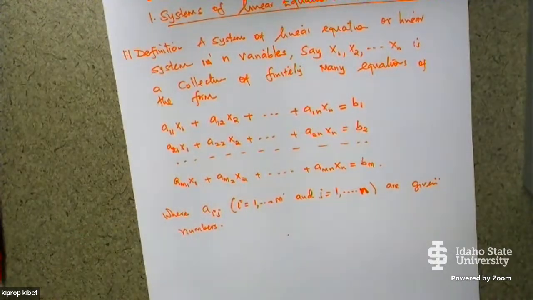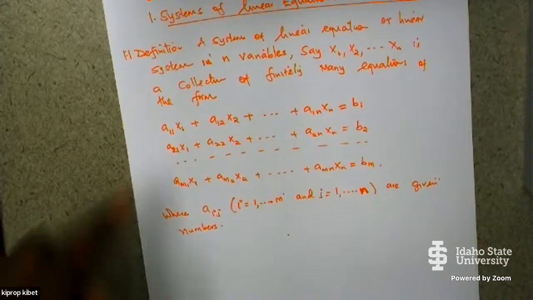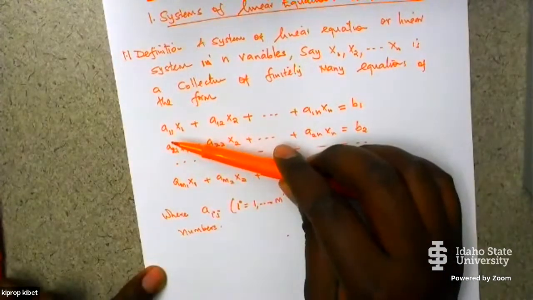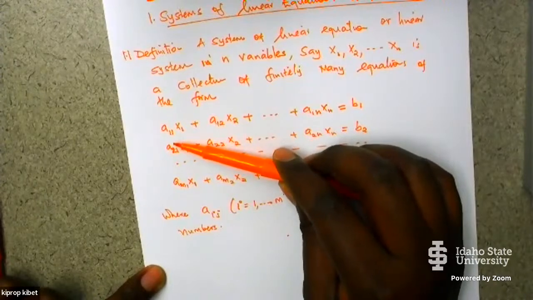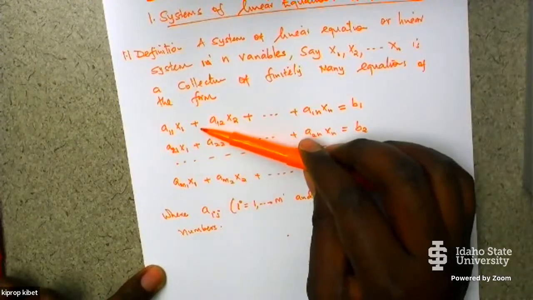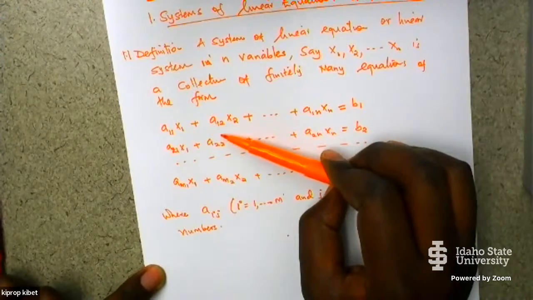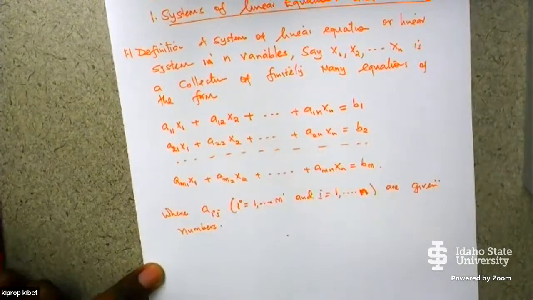So a11, a12, a1n are the coefficients which you are given. Make sure you also consider the sign: if there was a negative here, then the coefficient of x2 is negative a12.